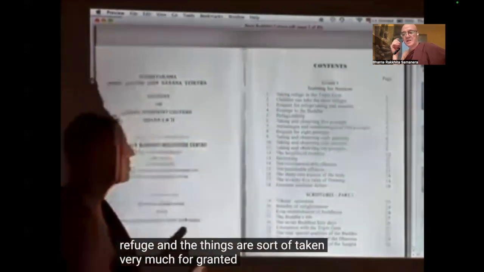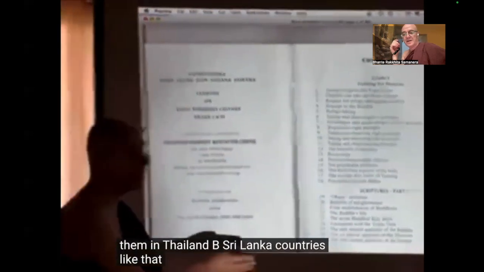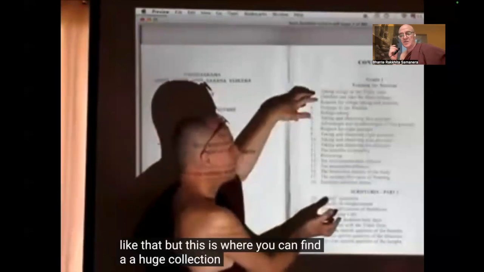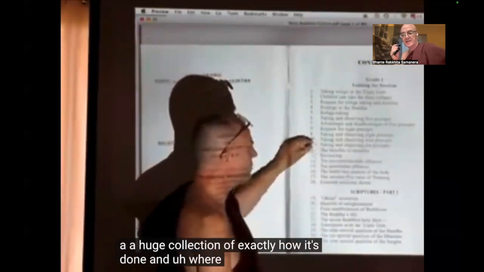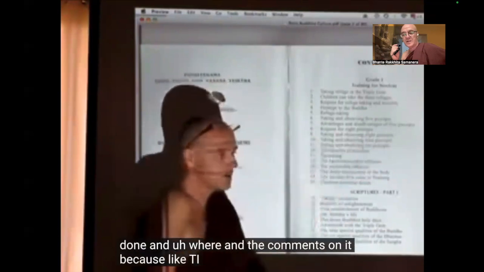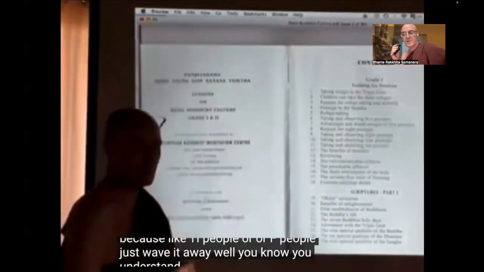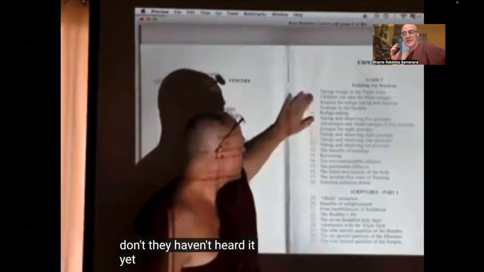These things are taken very much for granted, that people know them in Thailand, Burma, Sri Lanka, countries like that. But this is where you can find a huge collection of exactly how it's done, and the commentary on it, because Thai people or various people just wave it away, saying well, we understand that stuff, but often people haven't heard it yet.